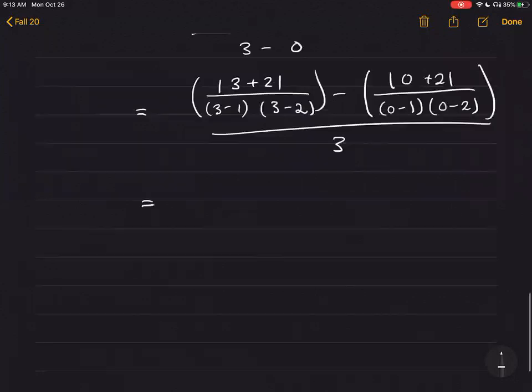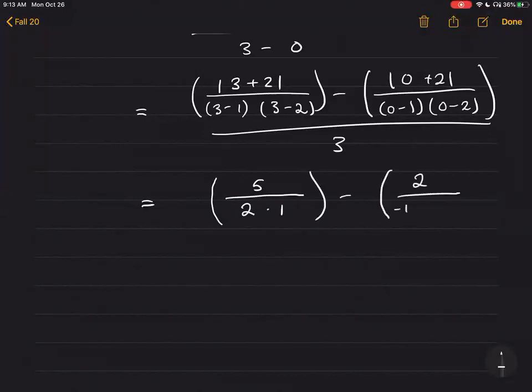As you can see, these problems are mostly computationally heavy. There's not a lot of creativity involved in the solutions of them. So they're fairly straightforward, which is nice. And so I believe this becomes 5 over 2 times 1, minus 2 over negative 1 times negative 2, all over 3.